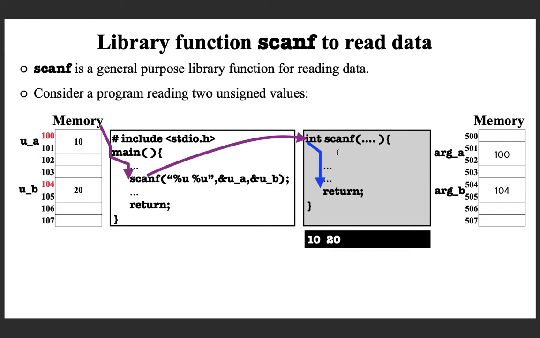Now the scanf function, by using these addresses, managed to store these values here into the local memory of the main function, and thus main function is getting the values 10 and 20 stored in the variables unsigned A and unsigned B. And the take home here is that whenever you use scanf statements to read values into the variables, you must pass addresses of the variables.